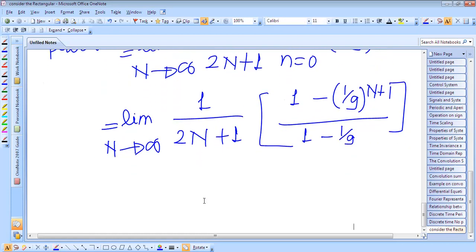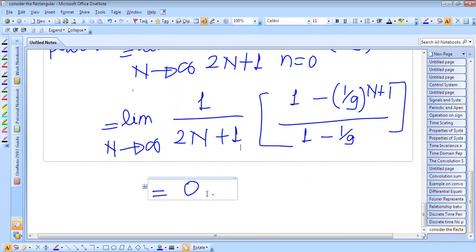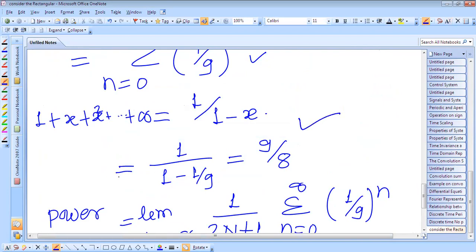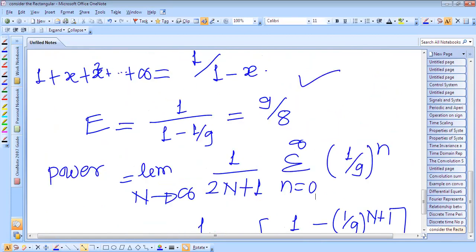If you put N equal to infinity in this equation, we get all this term equal to 0, and therefore the energy of this signal is 9 by 8. This is the energy of the signal, 9 by 8, and the power of this signal is 0.